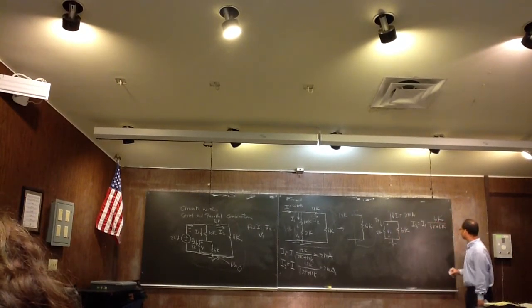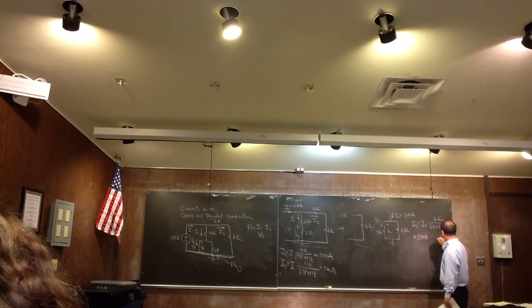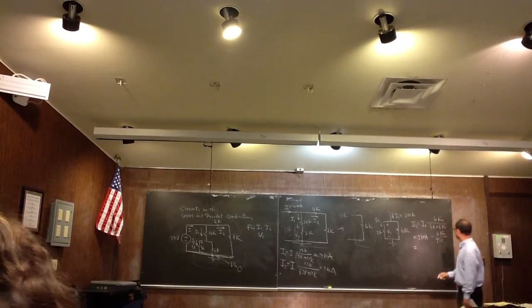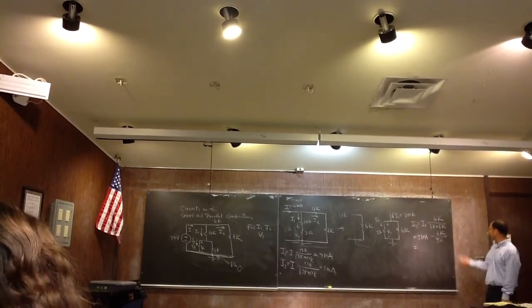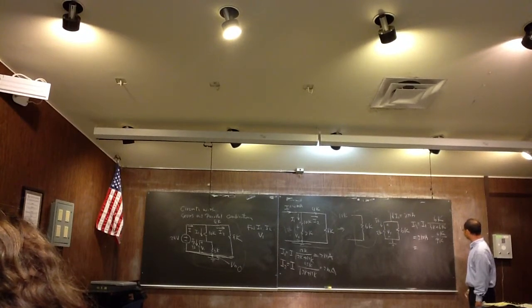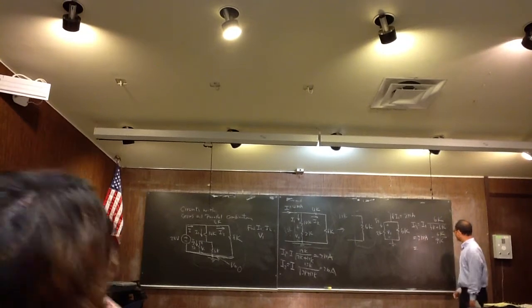So 2 milliamps times 6K divided by 9K. So it's 12 divided by 9. I don't know what that is, okay? 1 point something.